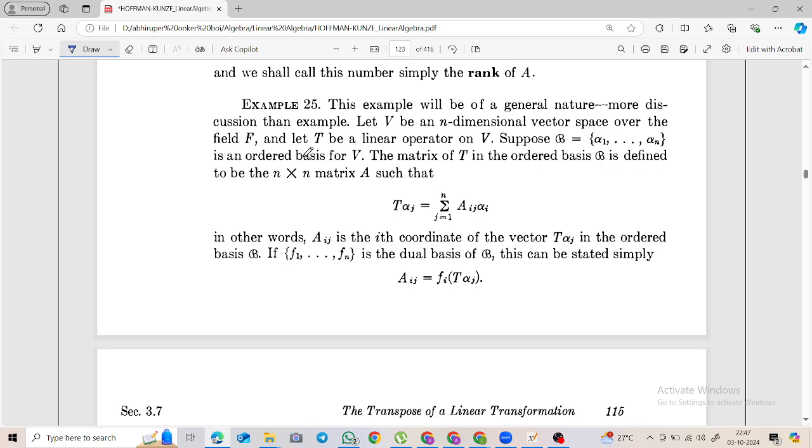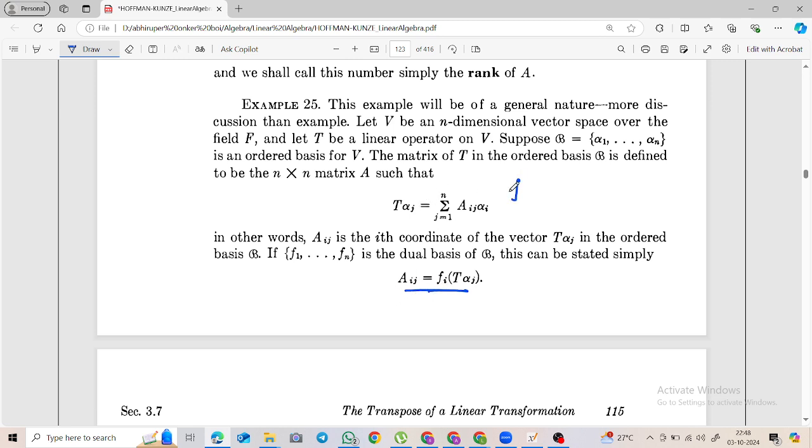Suppose beta is an ordered basis of V, and the matrix of T with respect to beta is defined by this matrix A. If f_1 to f_n is the dual basis of beta, this can be stated simply, right? Do you understand why this expression is here?